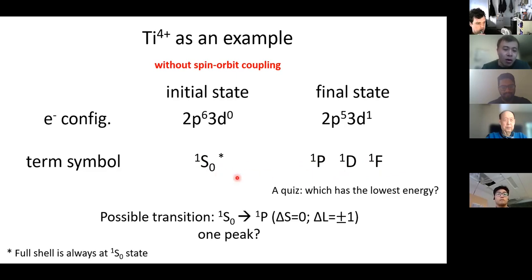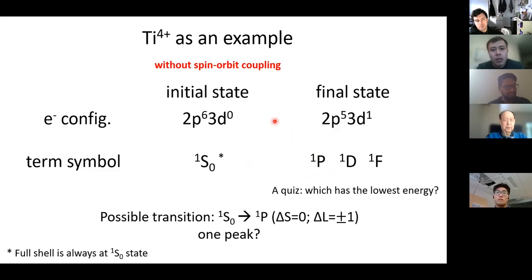But what about the orbital angular momentum? For the orbital angular momentum, they can only be P, right? Because D and F violate the symmetry requirement for the dipole selection rule for a many-electron system. So no D, no F, only this one is possible. Even though we have 3 possible states, only this one can be accessed by the absorption, right?